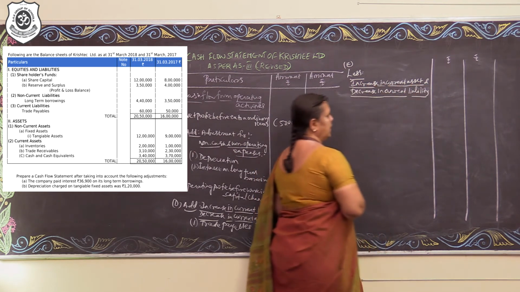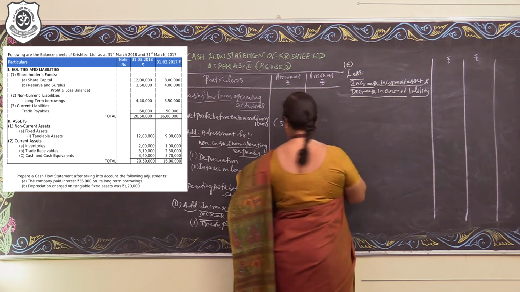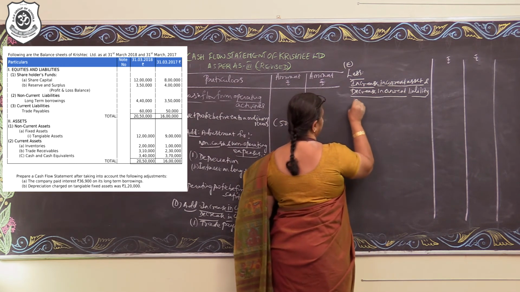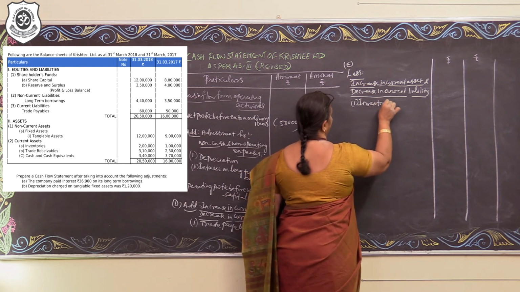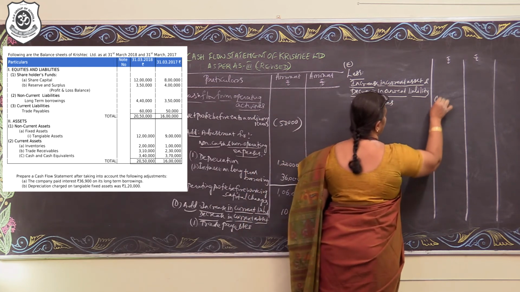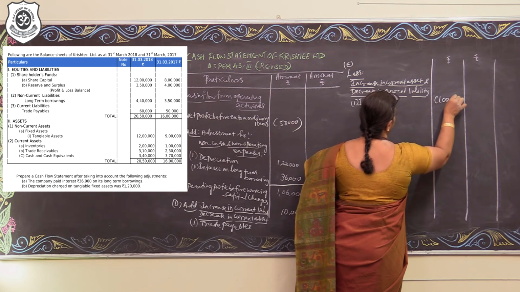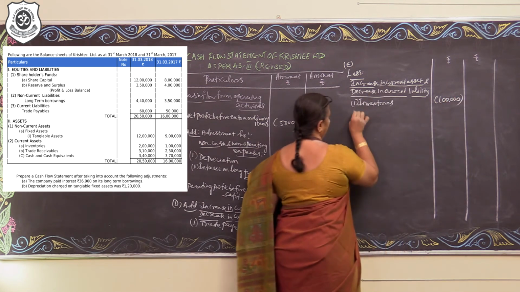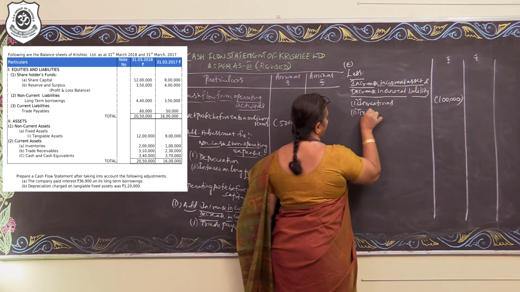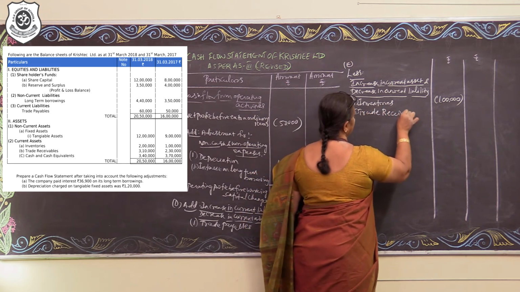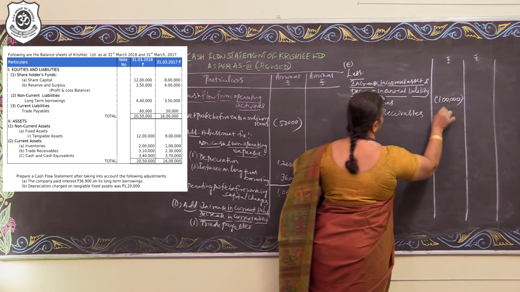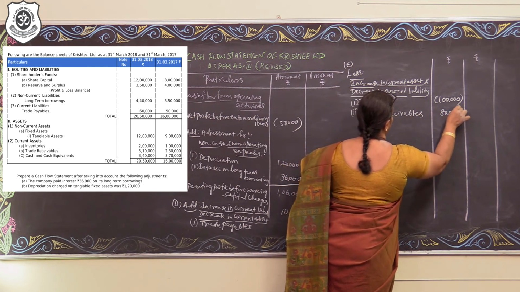So we have increase in inventories, increase in inventories 1 lakh rupees, and 2, trade receivables is increasing by 80,000 rupees.